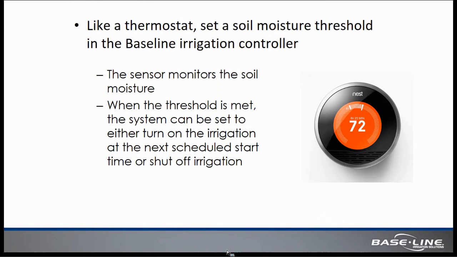So the moisture sensor essentially acts like a thermostat in the landscape, where it is monitoring again in real time and providing feedback to the control system how much water is available to the plant in that particular soil structure.